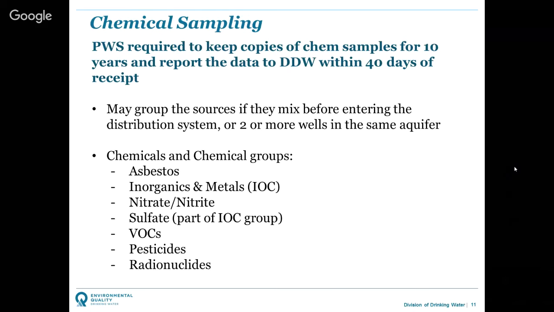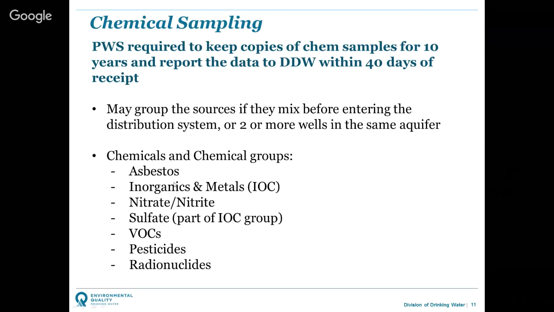And that's where we call grouping. So if you have approved grouping, it'll show up as an SS site, a sample station site, on your monitoring schedule. So these are the things that are required for chem samples, and some are not all. It depends on the system type, the water type, population served, depends on waivers and things like that.